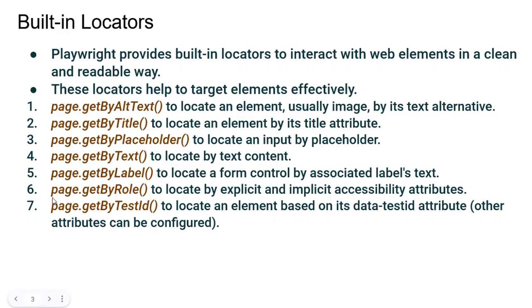We also have page.getByRole. It is used to locate by explicit and implicit accessibility attributes. And we also have page.getByTestID. It is used to locate an element based on its data test ID attribute. And we can also configure other attributes as well.